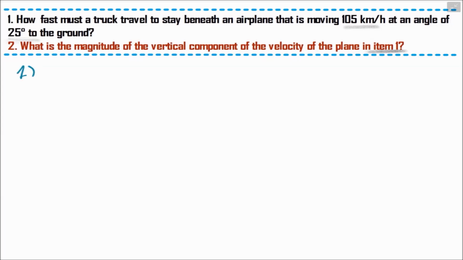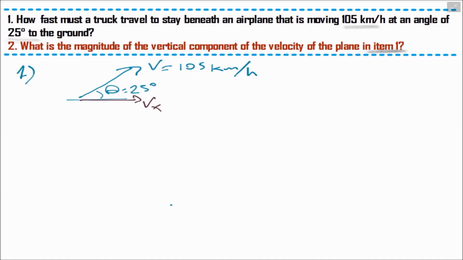Let's draw it first. This is our velocity, which is 105 km per hour, and our angle is theta, which is 25 degrees. At the first question, it's asking what is the x component. We have two components, the x component and the y component.